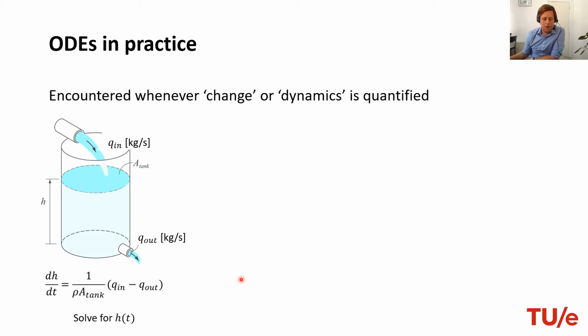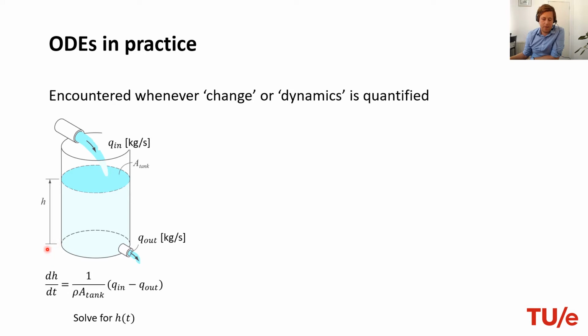For example, here we have an engineering problem where we have a vessel which contains an initial volume of water, and we have a mass inflow Q in, and a mass outflow Q out. And now we want to find out what the height of the water column in this vessel is.